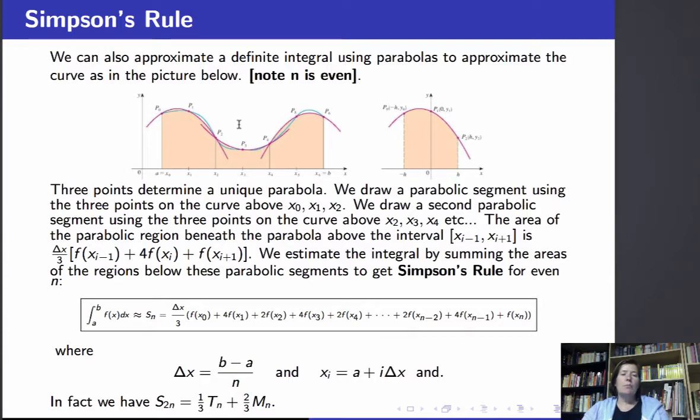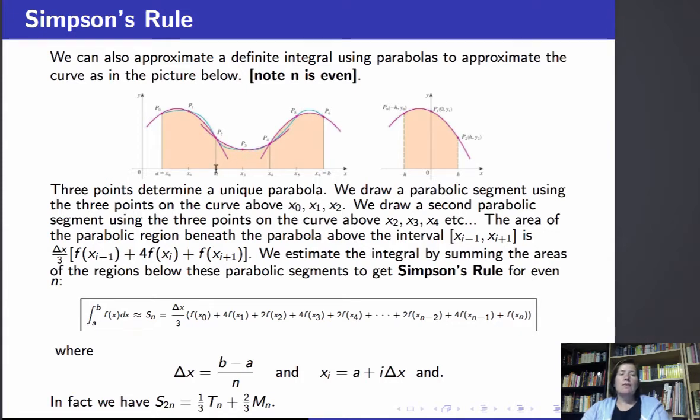So we start by pairing the first two subintervals from x0 to x1 and x1 to x2. And we get 3 points on the curve above x0, x1 and x2 respectively, and we can draw a unique parabola through those 3 points. Then we move on to the next two subintervals, which we pair.